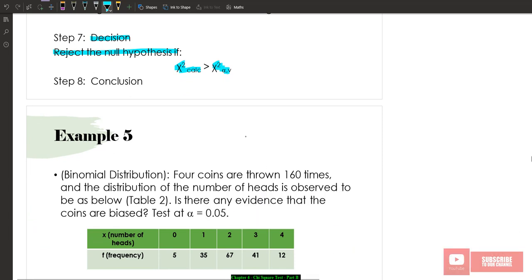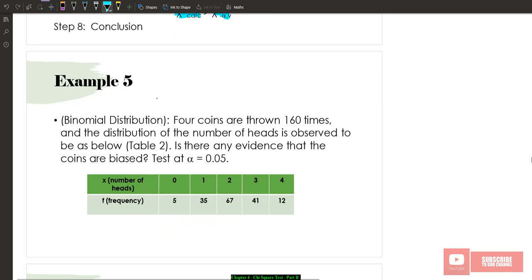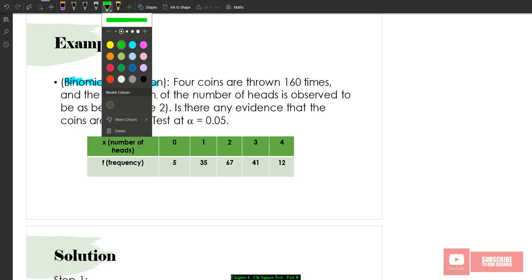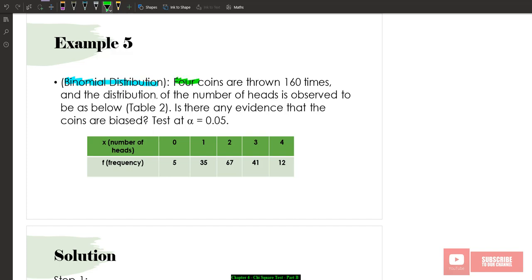Right, on example number 5, let's look at example number 5. First, in example number 5, we are showing a binomial distribution, right? So let's look at the question. 4 coins are thrown 160 times, and the distribution of the number of heads is observed.